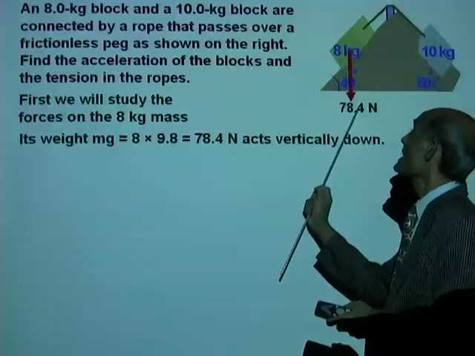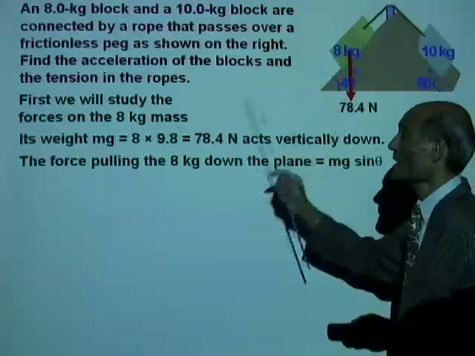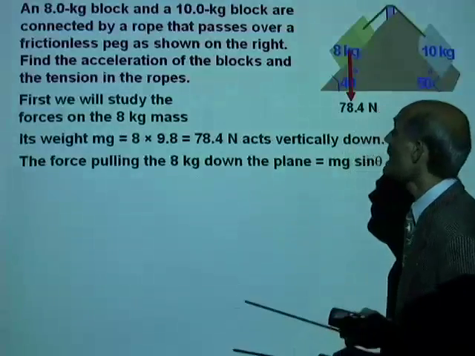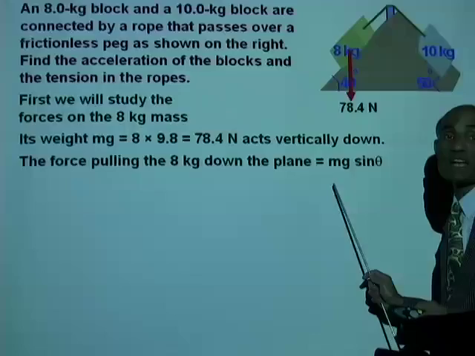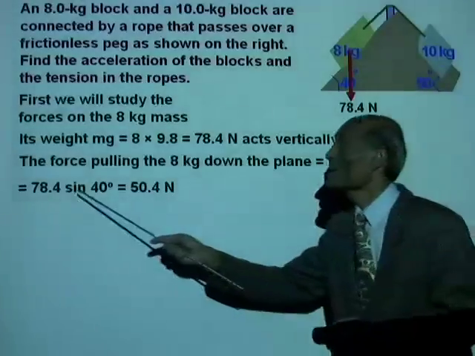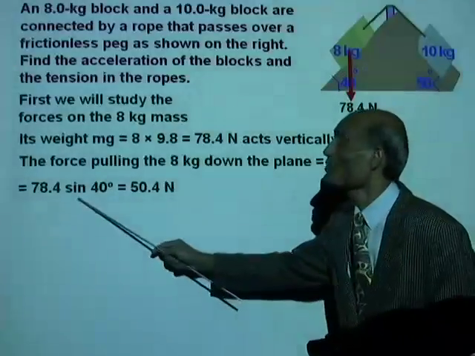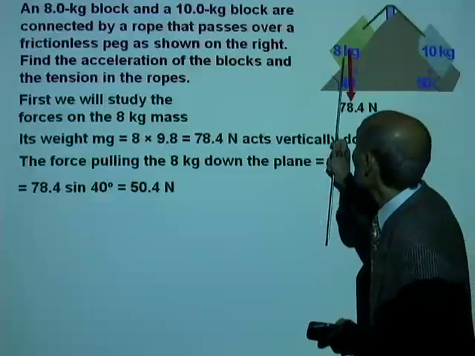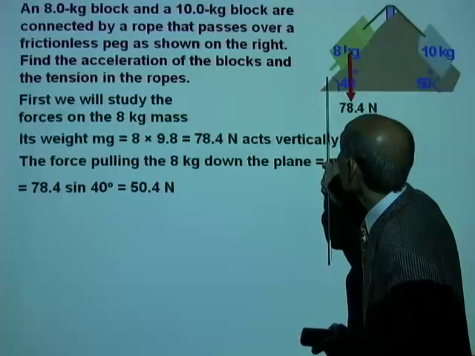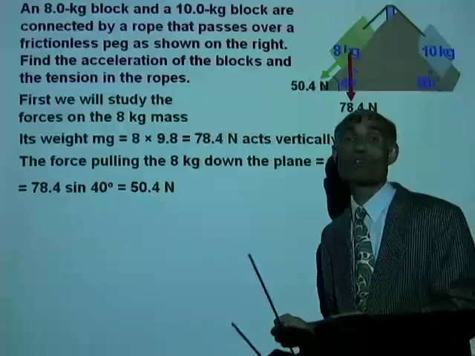That will be 78.4 cos 40 degrees. Alright. The force pulling the 8 kilogram down the plane is mg sine theta, which is 78.4 sine 40 degrees. That is 50.4 Newton. The force pulling the block down the plane is 50.4 Newton.